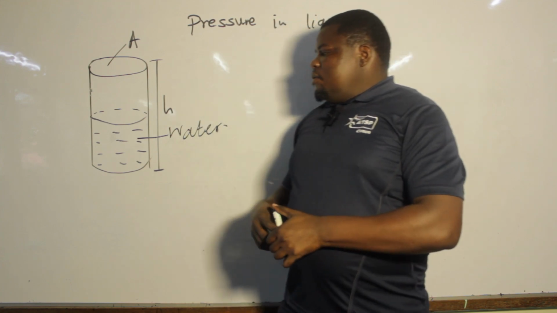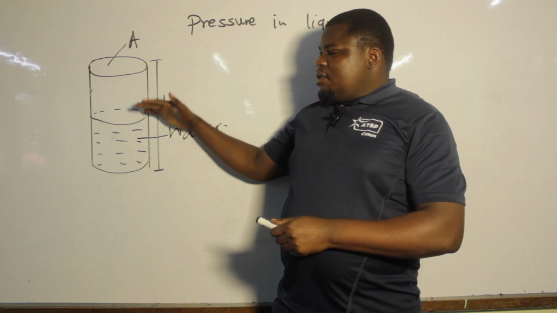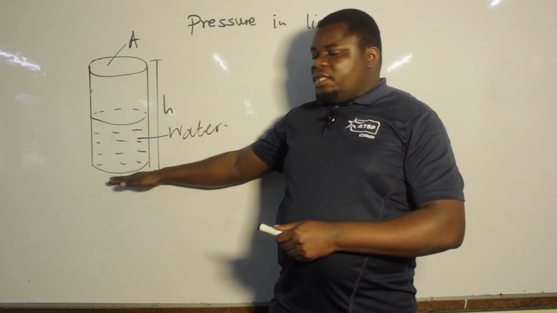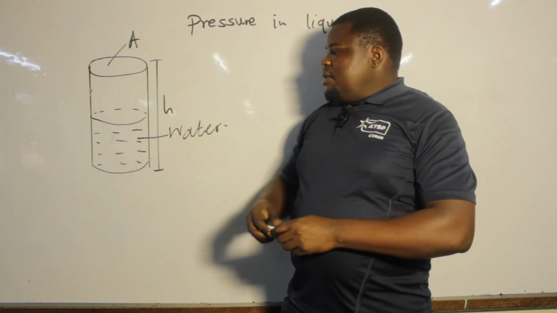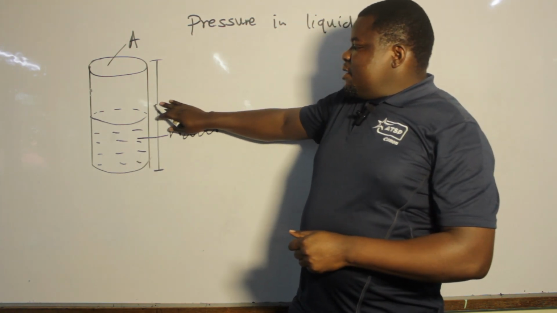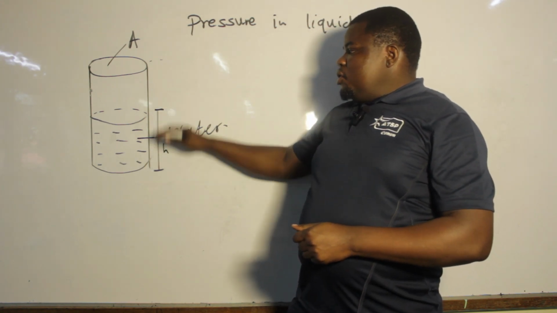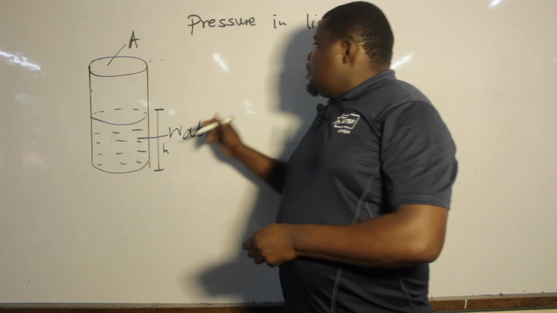We can use this to investigate the pressure that this liquid exerts on the ground inside the liquid. Now, suppose we take our height to be h, which is the height of the liquid from the bottom to the level.